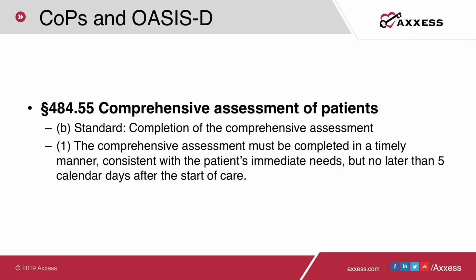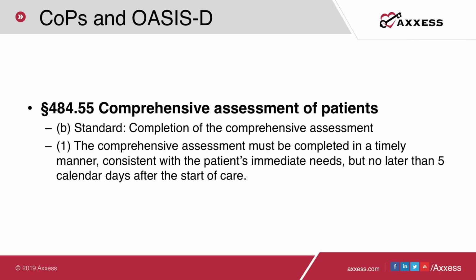Then we see at 484.55B1, the comprehensive assessment must be completed in a timely manner consistent with the patient's immediate needs, but no later than 5 calendar days after the start of care. So again, there's a differentiation between CMS and their COPs between the initial assessment and the comprehensive assessment.